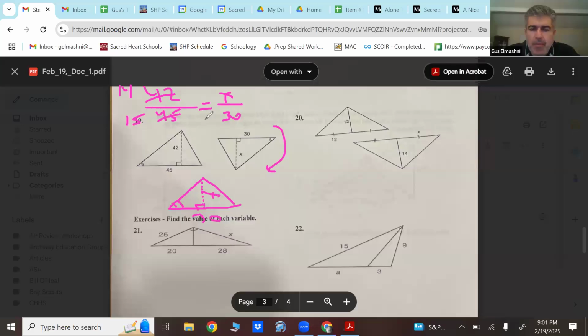And we see it's doubling, so that'd be 7. Here, yeah, it's all the same. X is 14.